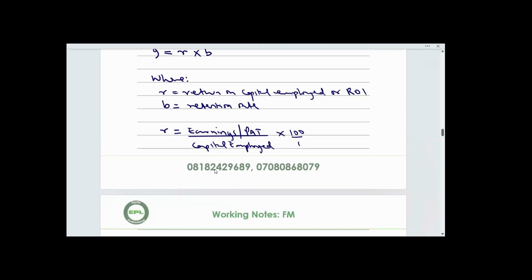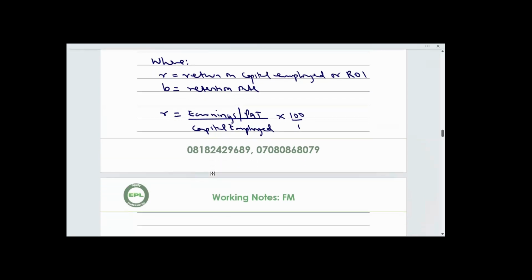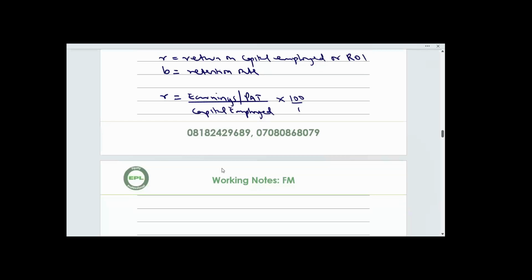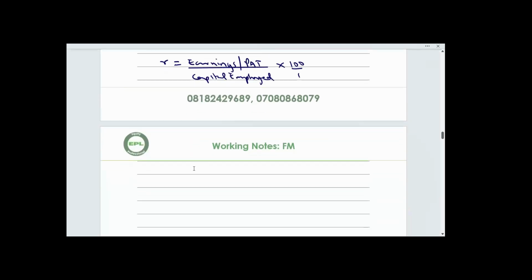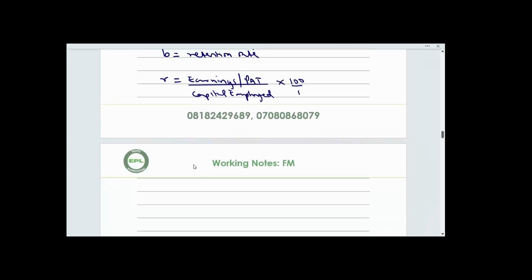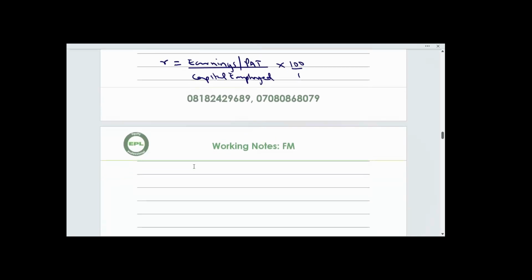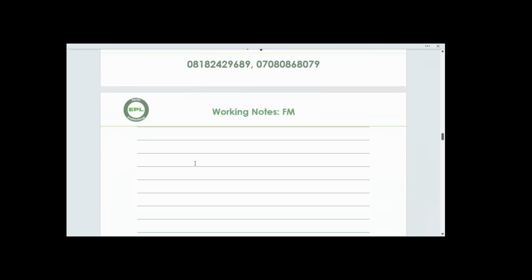At times, capital employed can be defined in several ways. It could be total asset, it could be net assets, it could be equity plus debt. But whatever the case may be, the information will be there in the question. At times, the examiner can just give it to you straight, capital employed. But if capital employed is not given to you, then you are supposed to use opening shareholders fund.